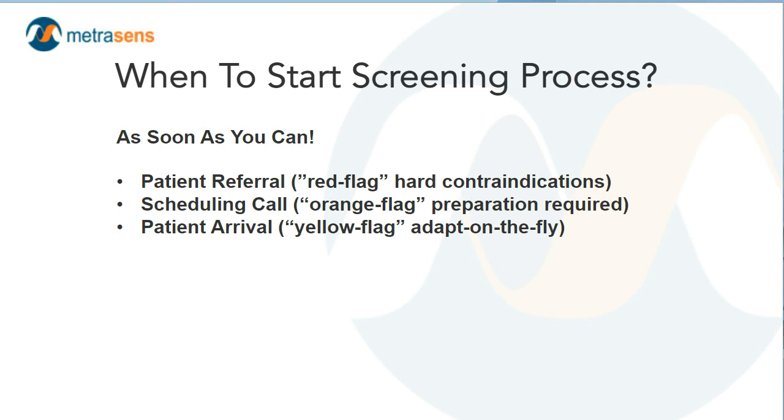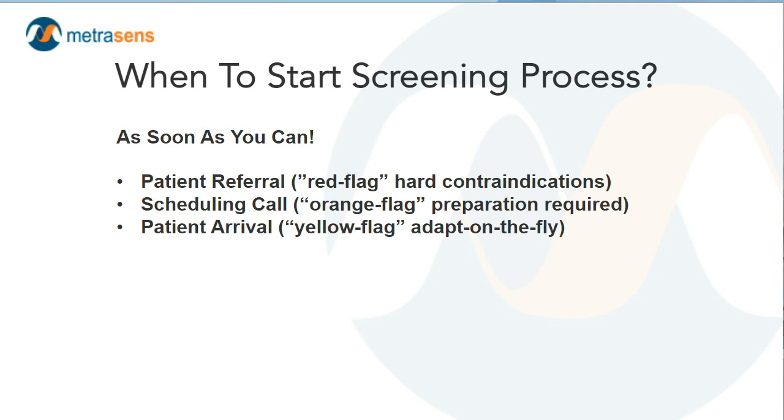Have your schedulers train them, build their competency so they can verify the red flag stuff, but also ask what I'm calling orange flag contraindications, things like a lumbar stimulator or spinal rods, and have them identify on the day of yellow flag, adapt on the fly kind of contraindications. And this might be an MR conditional medication pump that we need to meet specific conditions of. The earlier you start the process and the more time you give yourself to resolve complications, the better off you'll be.